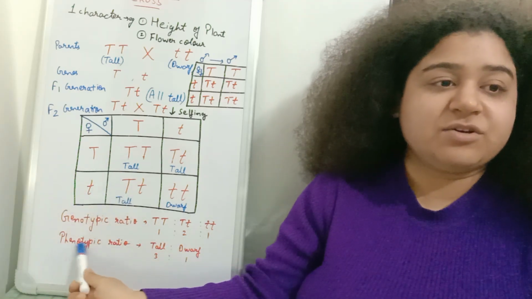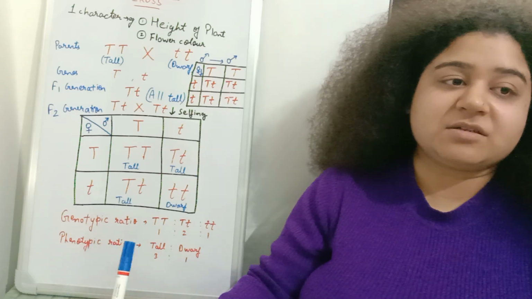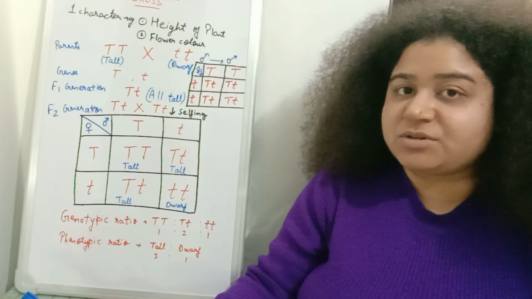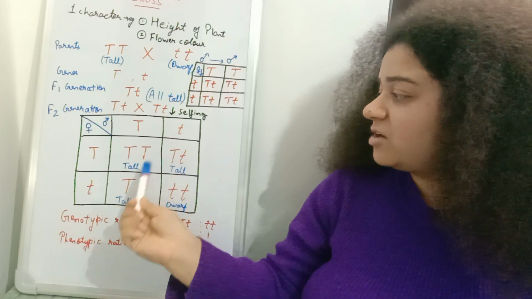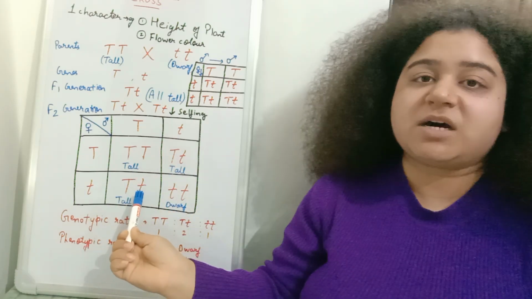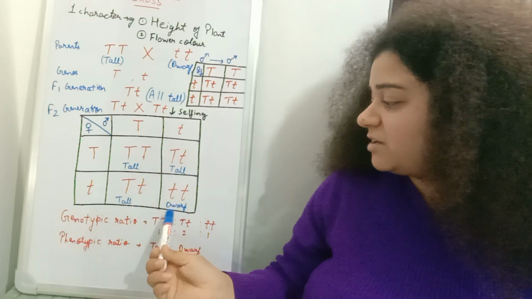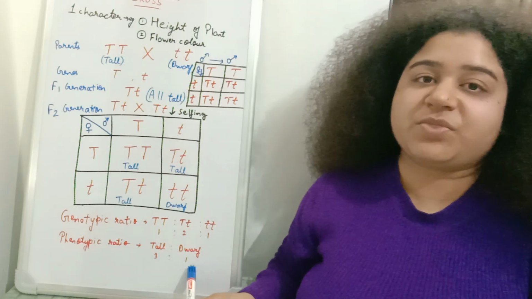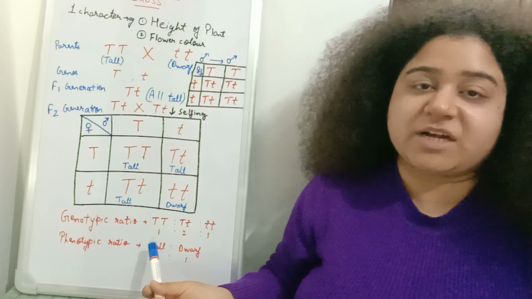Now coming to the phenotypic ratio. Phenotypic ratio means the physical characters of the plants that are being shown. We can see that 3 out of 4 plants are tall, 1, 2 and 3, and 1 is dwarf. So we will write tall is to dwarf, 3 is to 1. Why have I taken tall at first place?